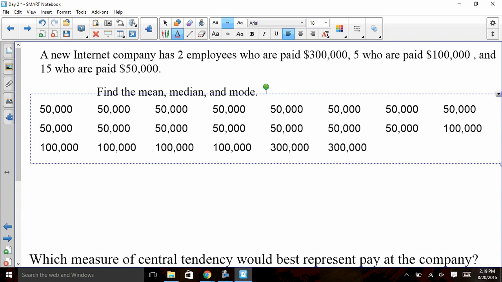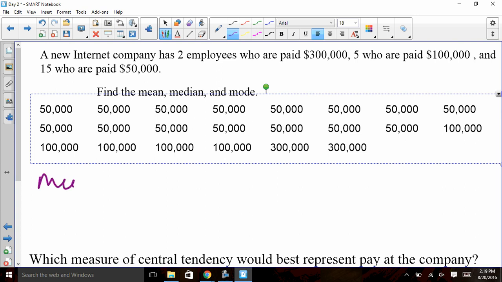Cool. Okay, so now we have our data in order. So this allows us to go back and start finding our mean that we had done before. Remember, the mean is just the average.